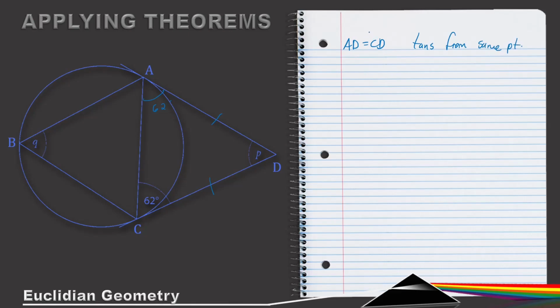Then we can say that CAD is equal to 62 degrees, and that is just equal sides, equal angles. And then to find P, we're going to say P plus 62 degrees plus 62 degrees is equal to 180 degrees, and this is angles of a triangle.